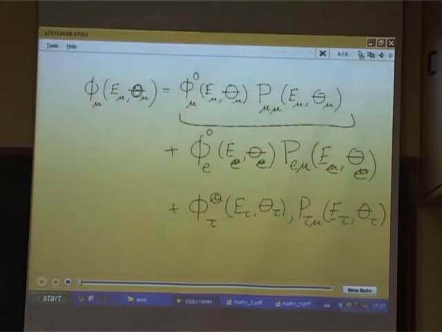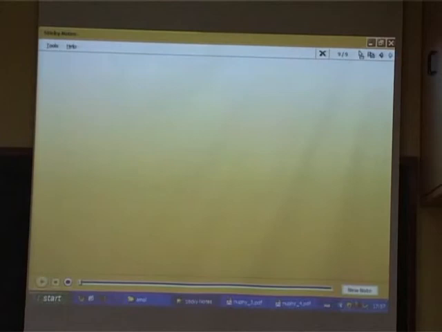However, this is the flux that will come to the detector. So the flux will mainly involve the initial flux of muons at this E_mu. Let me write it here. As I am writing it, it's phi_mu^0 as a function of E_mu, theta_mu, times P_mu mu.